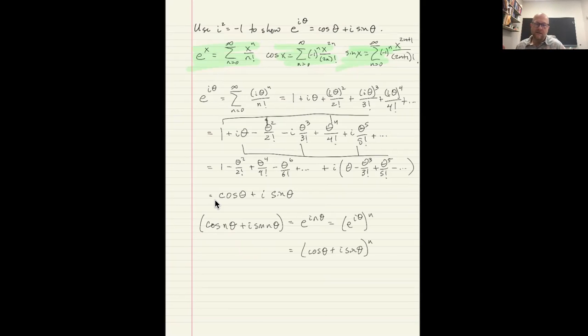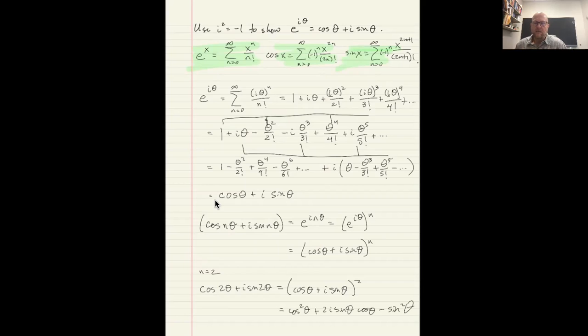Now, that probably seems like that's not terribly useful here, but if I did n equals 2, just as a quick example, I would have cosine 2θ plus i sine 2θ is equal to cosine θ plus i sine θ quantity squared, which is going to be equal to cosine squared θ plus 2i sine θ cosine θ minus sine squared θ.